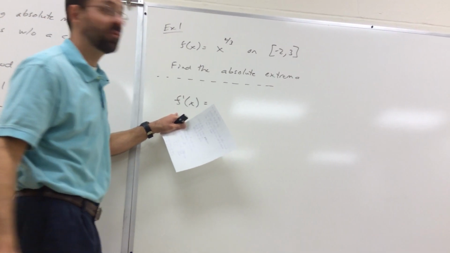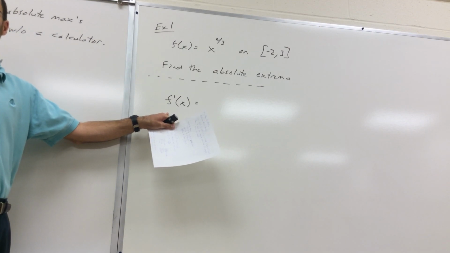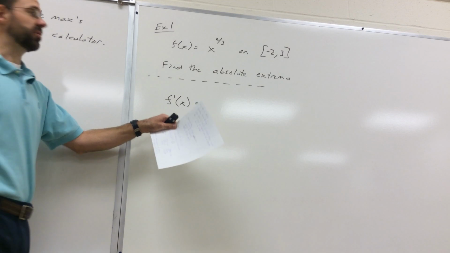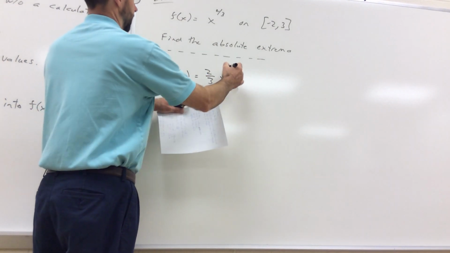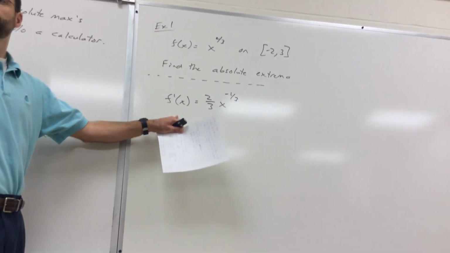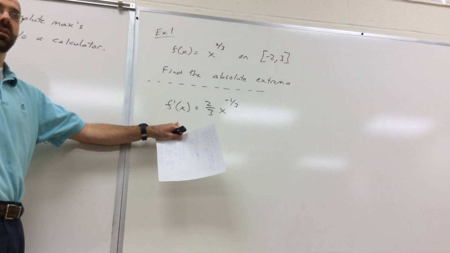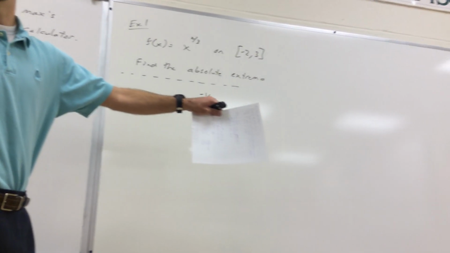Okay, so then to find the critical values, obviously you need the derivative, because the critical values are where the derivative is 0 or undefined. So I'm taking the derivative. So that's 2/3 x to the -1/3. Then I need to set this equal to 0, and then also set it equal to undefined.